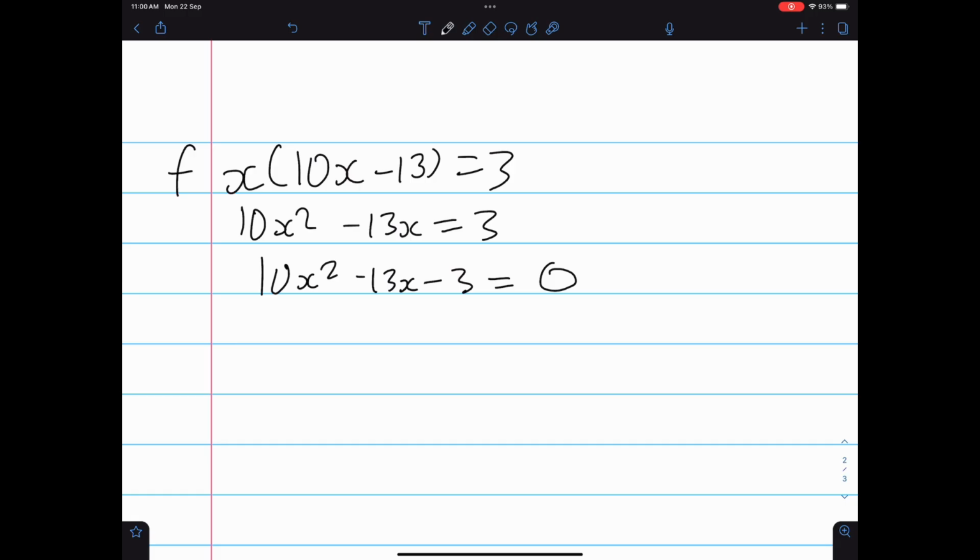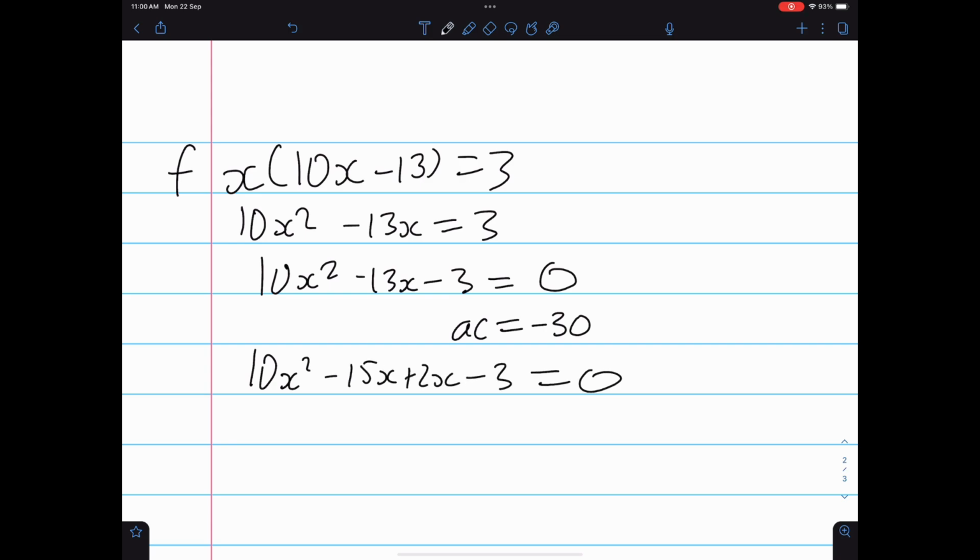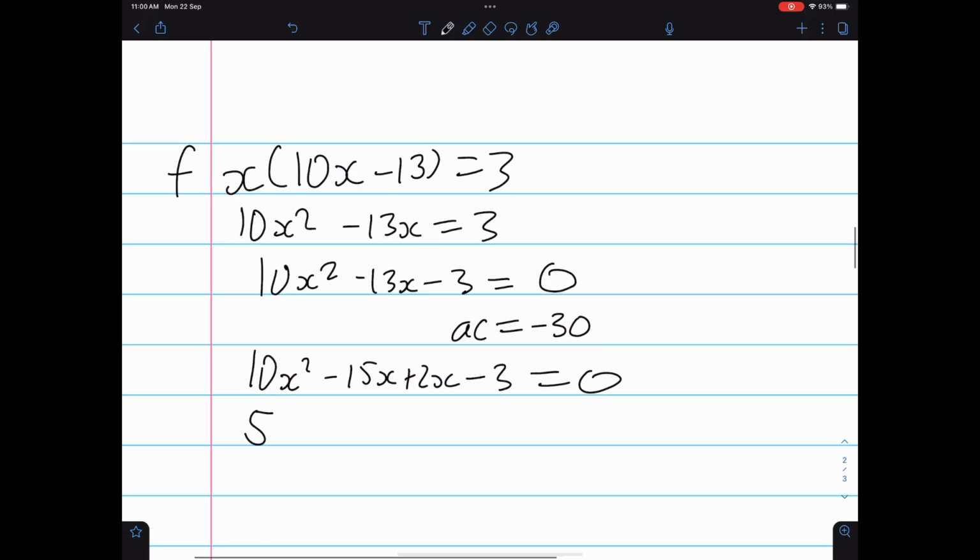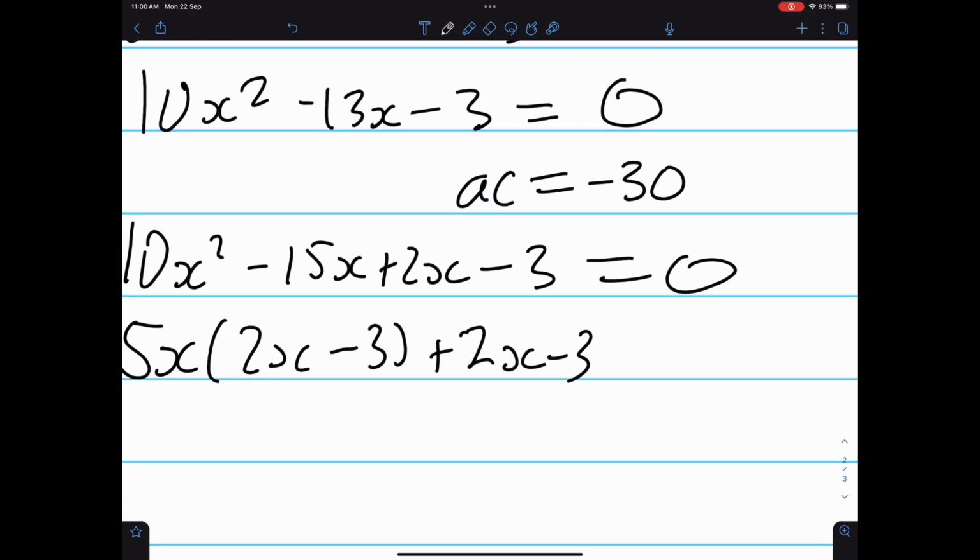And then we can factorise by doing AC equals minus 30. And hopefully you can see that that's going to be minus 15x and 2x. And we'll remove a common factor. And now here, what we have in here is just exactly this thing here.